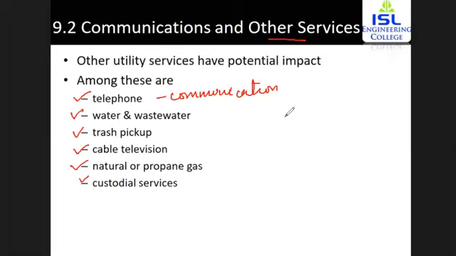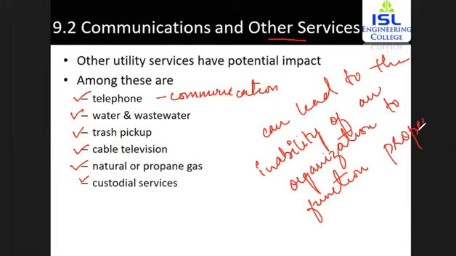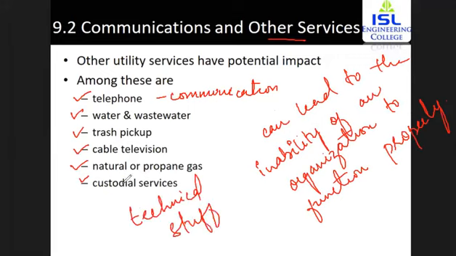Now in here, the threat or loss of these services can lead to the inability of an organization to function properly. So apart from all the technical stuff, you need to also provide these other utilities so that the organization functions properly.